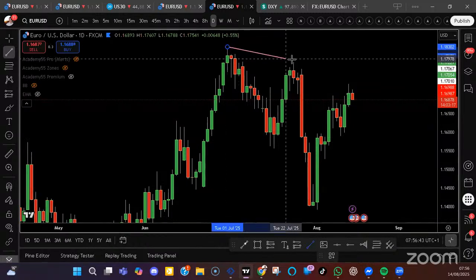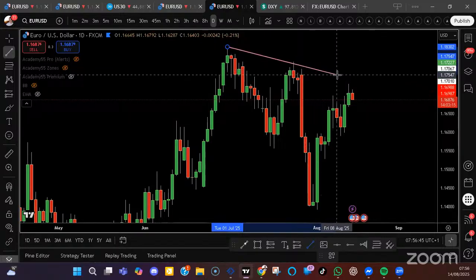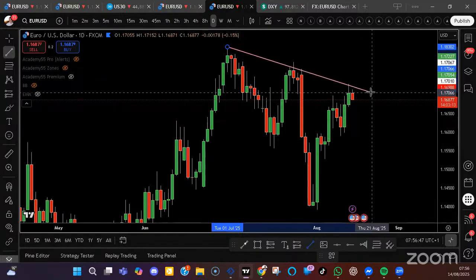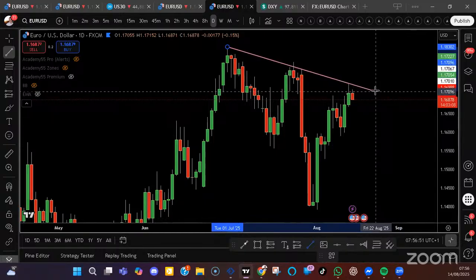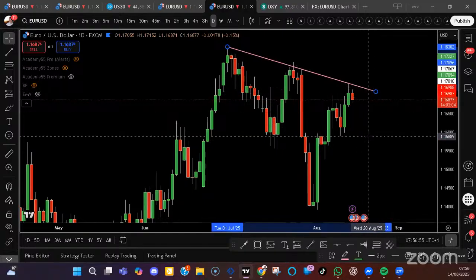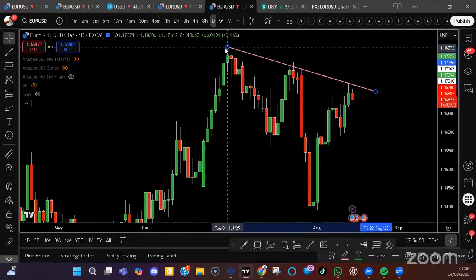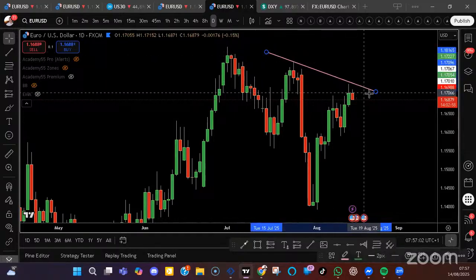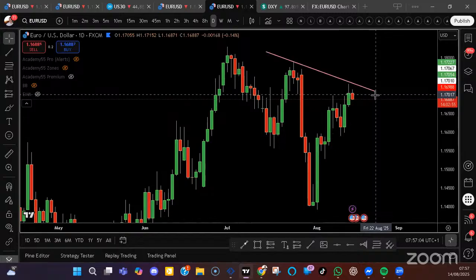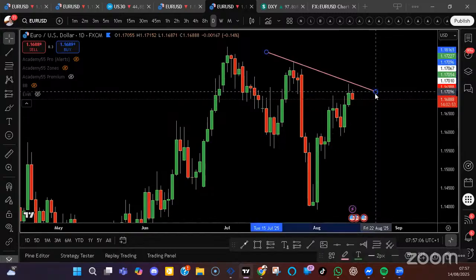Going up from that high, a lower high, and a lower high. So is price going to get up to there and bounce off again? Possible. That is possible, of course.